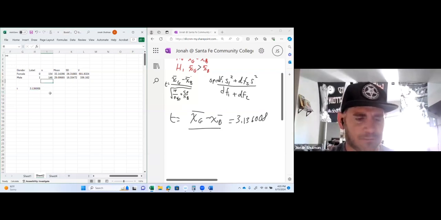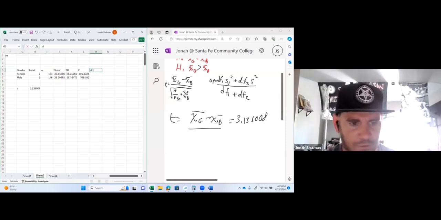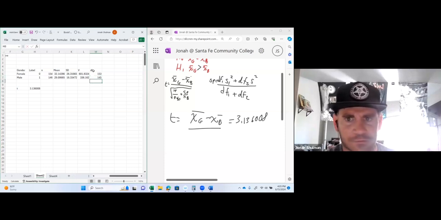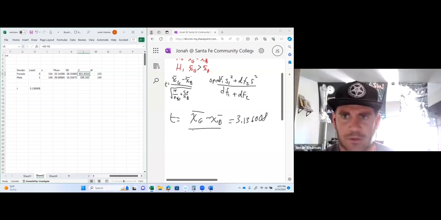Our degrees of freedom for the girls is 153, and for the boys it's 145. So basically, all I have to do is multiply those by the variance of each of them. So here's the first part.